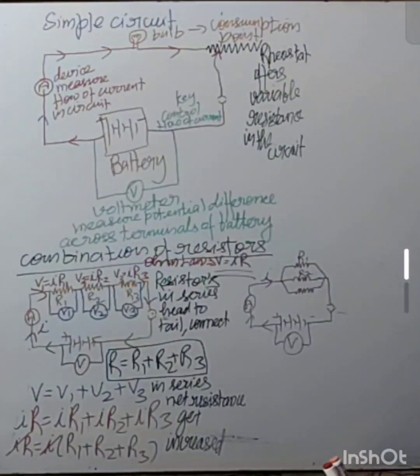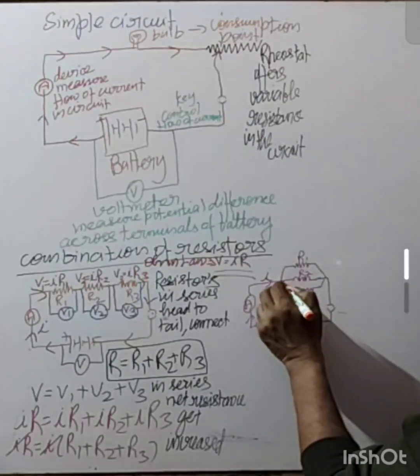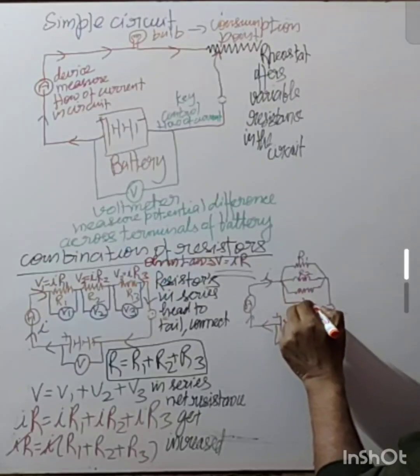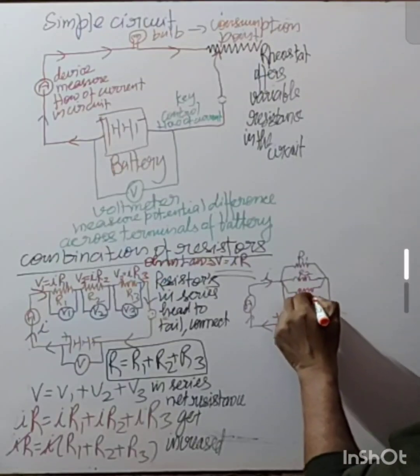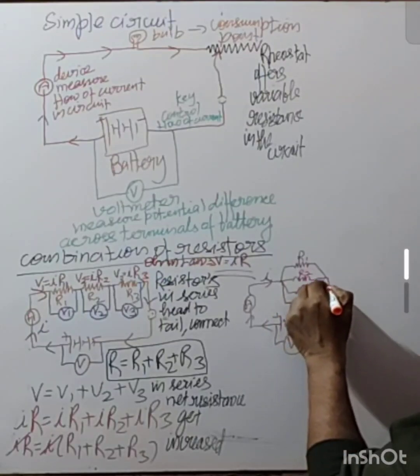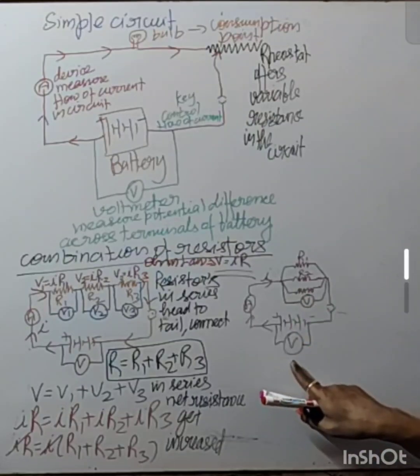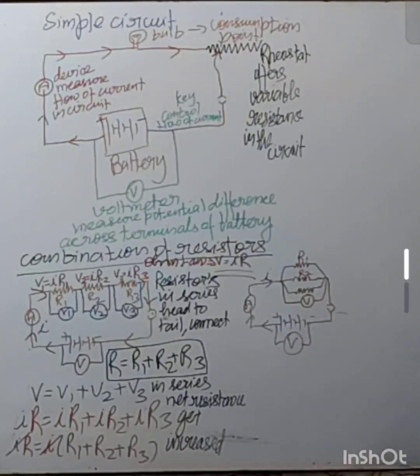So in parallel, the potential difference across the terminal of each resistor will be V. Same. Here is V, here will also be V. It is constant.